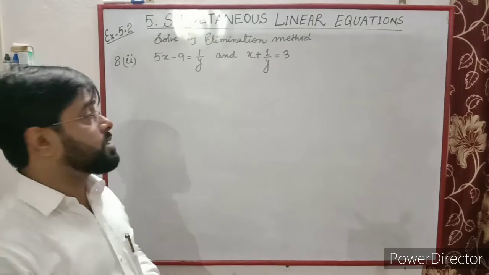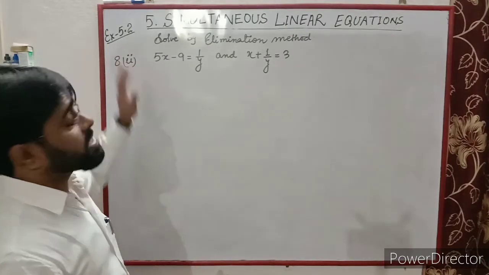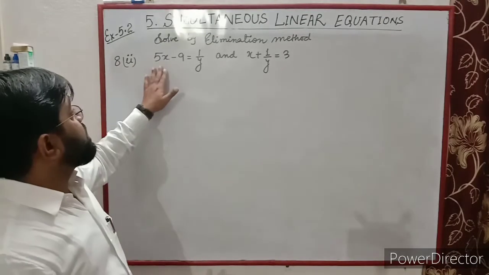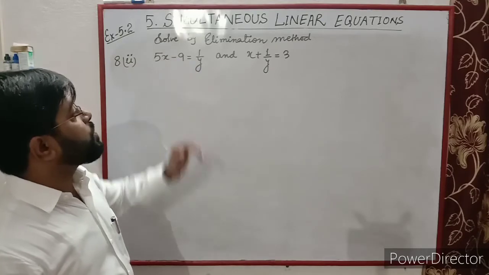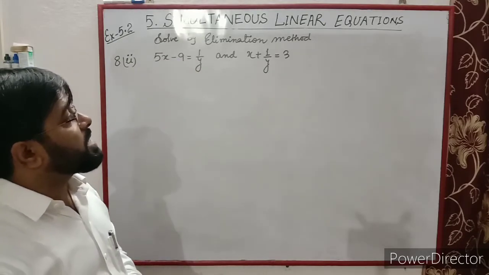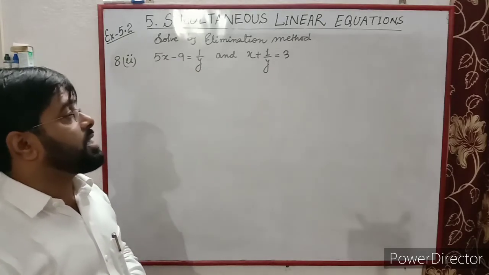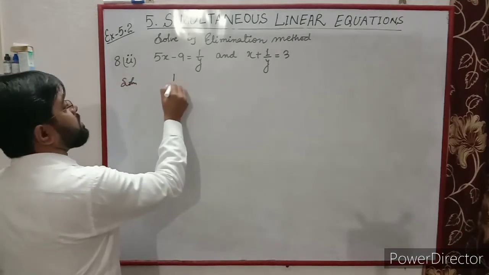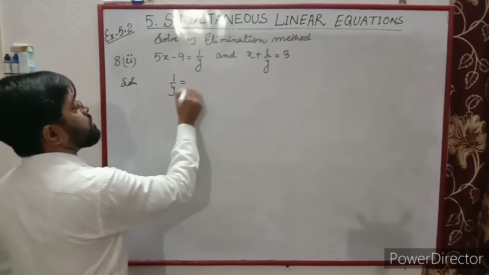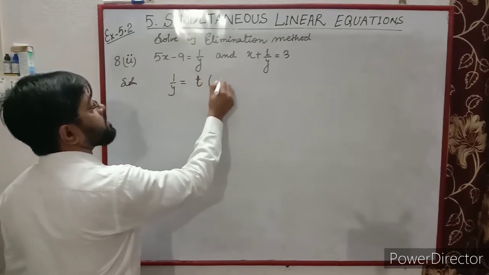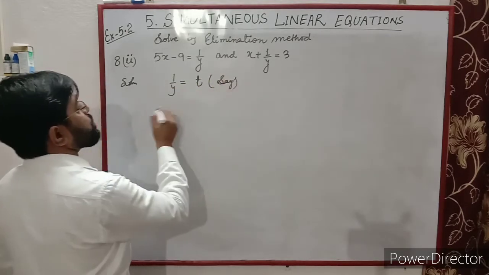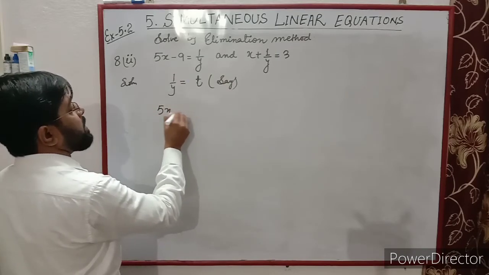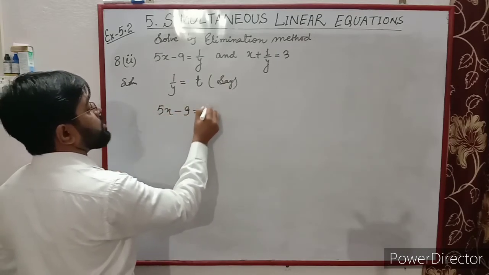Let's see one more question. Question number 8, second from exercise 5.2. 5x minus 9 is equal to 1 by y and x plus 1 by y is equal to 3. So first of all, 1 by y we assume t. So 5x minus 9 is equal to t.